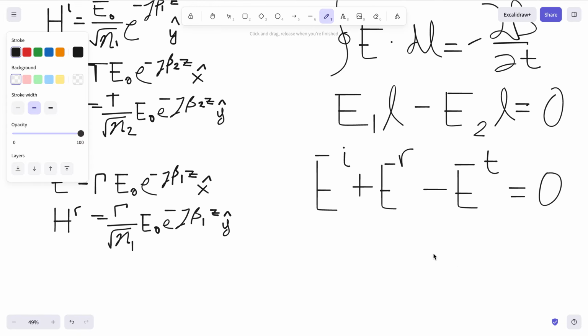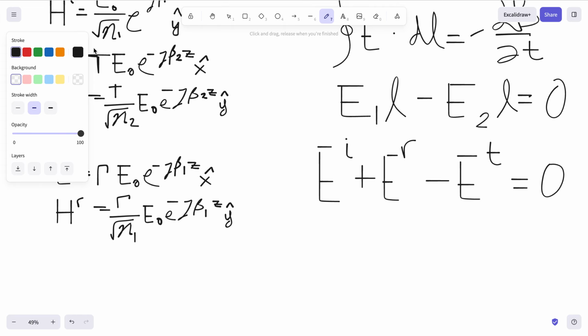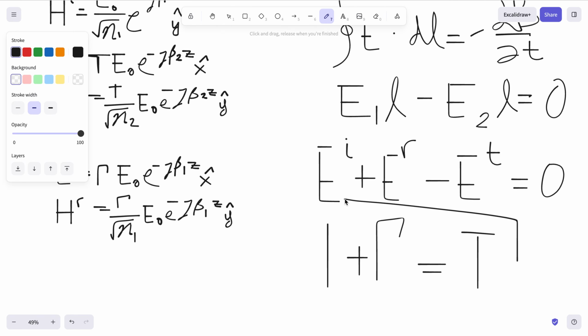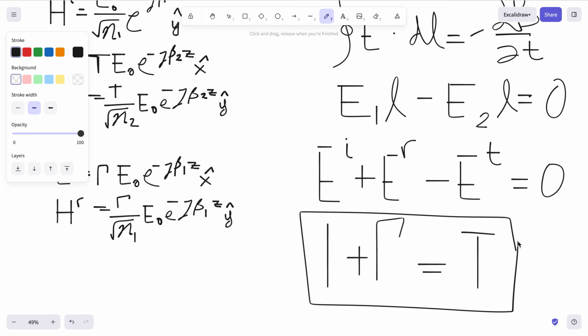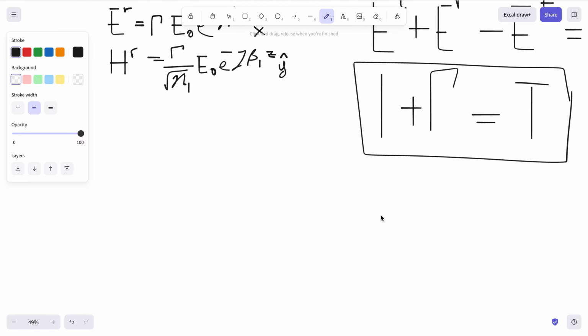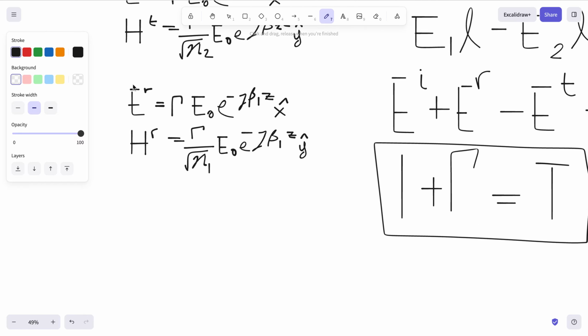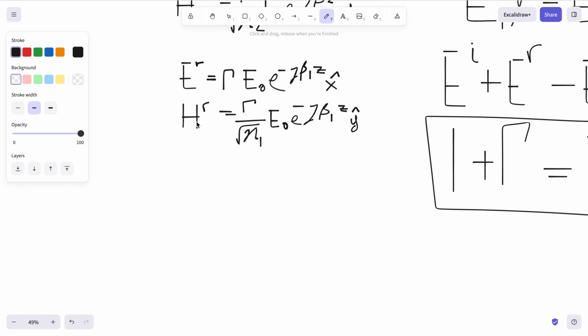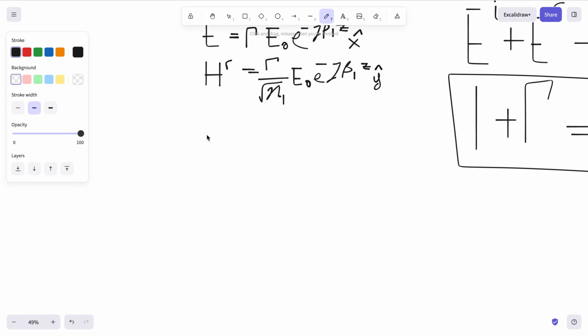And then we can write these in terms of our coefficients as 1 times E naught plus gamma times E naught is equal to the transmission coefficient times E naught. And all the E naughts cancel, giving us this as our first equation, describing the relationship between gamma and T. Next, we can use boundary conditions in the magnetic fields to derive another equation.